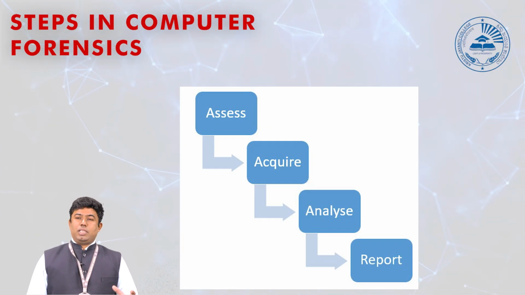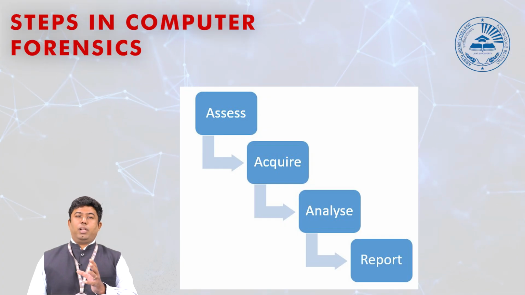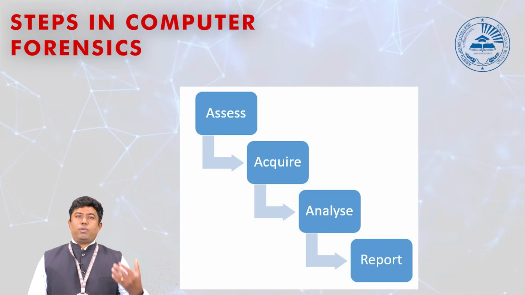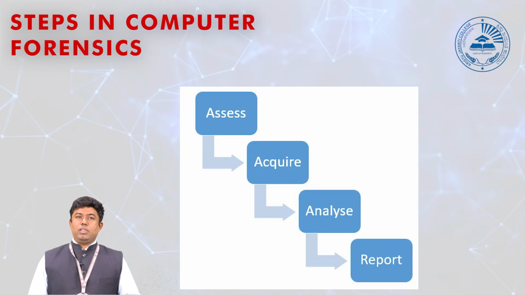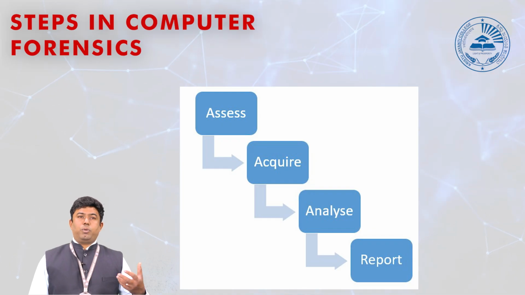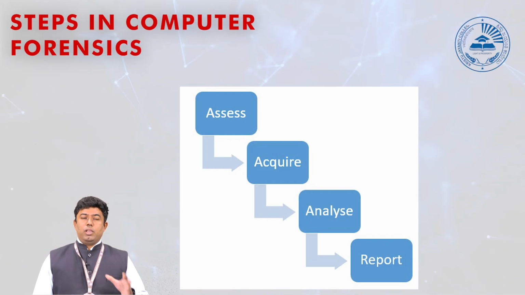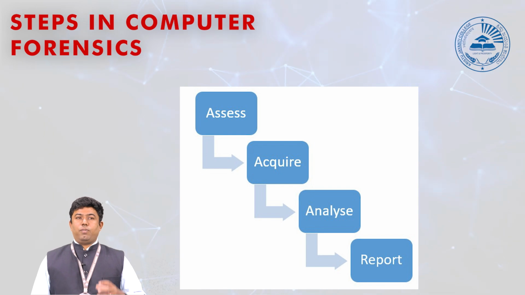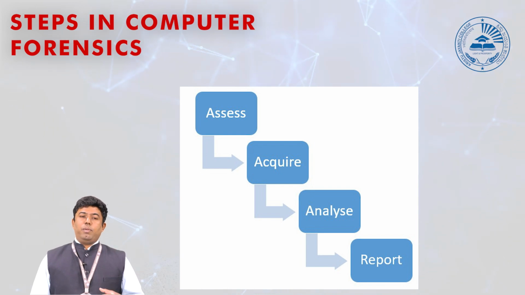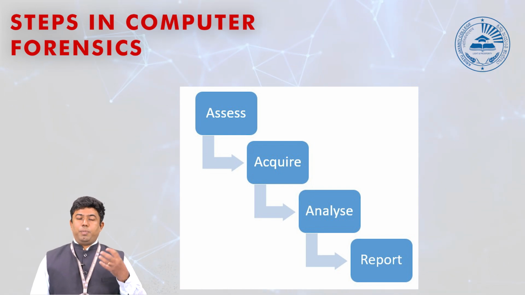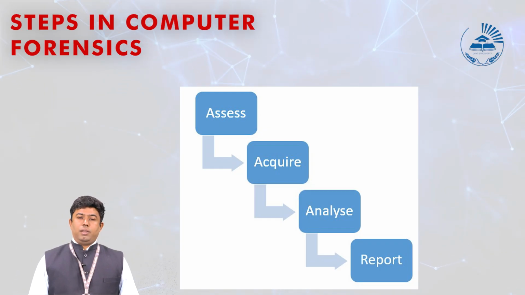For example, if it is a case of image morphing or photograph morphing, then we need to search for JPEG photographs, PNG photographs, or tools like Photoshop, CorelDRAW, etc. that would be used for the process of morphing. When we search for data in this manner, we will be able to obtain this data and process it to the court at a faster rate.